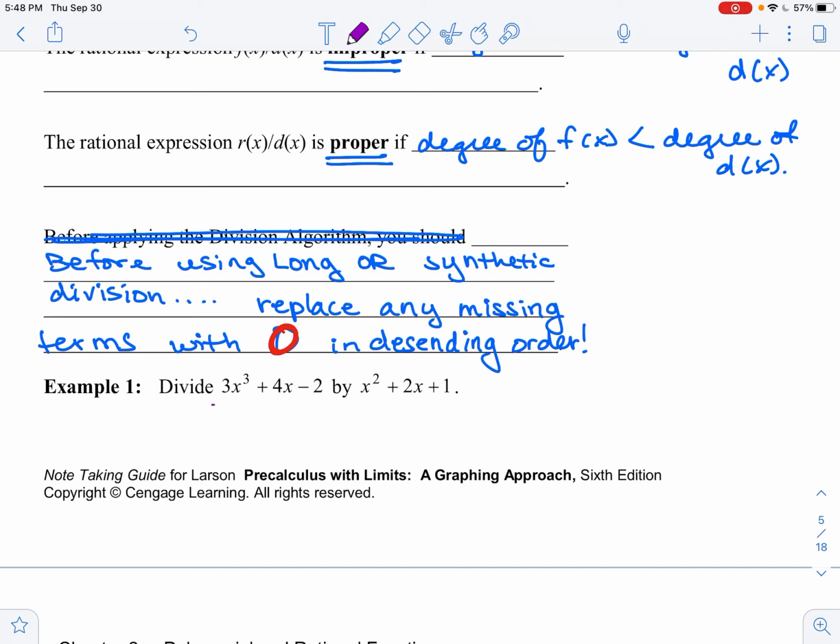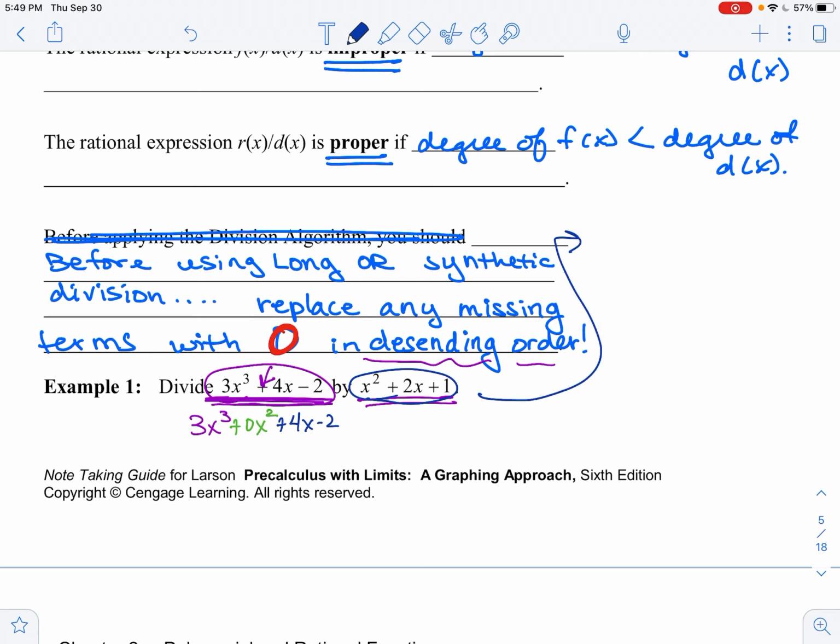So now let's look at this. We're going to divide this f of x by this d of x. Keep in mind, we want to make sure it's in descending order and that we're not missing any terms. This is in descending order, but if you notice here, we're missing a term: 3x to the third plus 0x squared, because there's no x squared term, plus 4x minus 2. And in this one, we're not missing any terms, so we don't need to replace anything with 0.